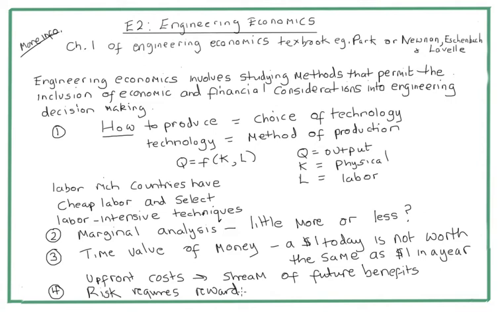If you're the Greeks, you have to pay a premium. If you're the Brazilians, you have to pay a premium, because it's more risky to lend money to the Portuguese government or the Greek government or the Brazilian government than it is to lend money to the Germans or the United States. So risk requires reward, and I'm sure you're quite familiar with that in other areas of your life.